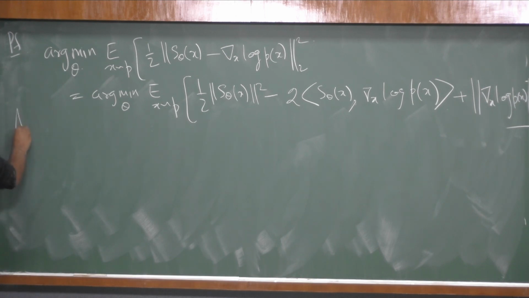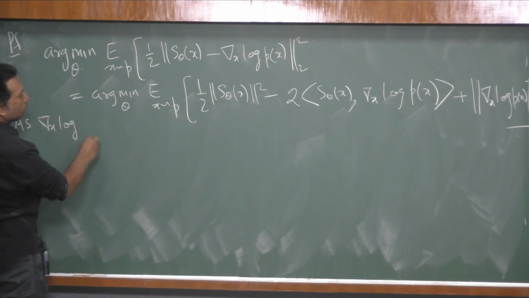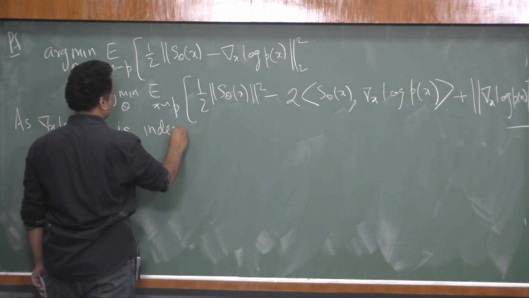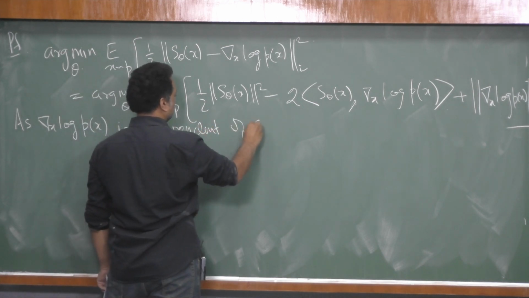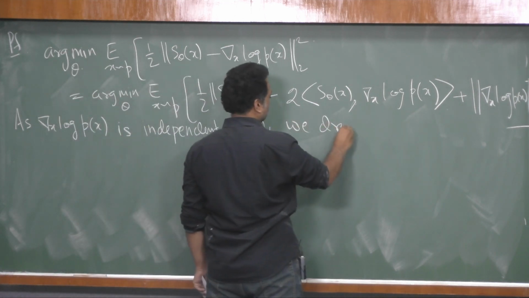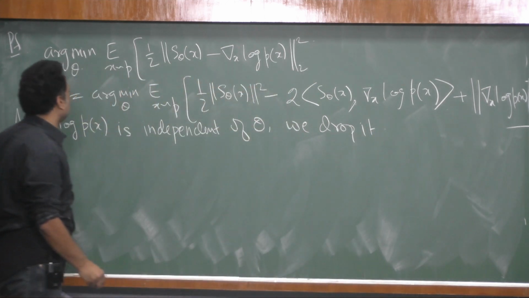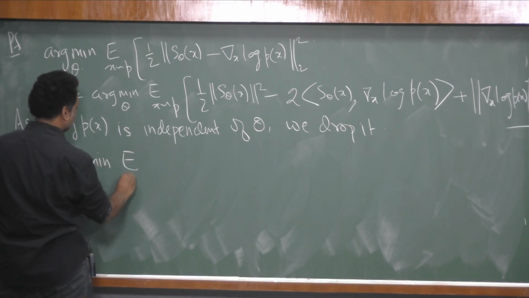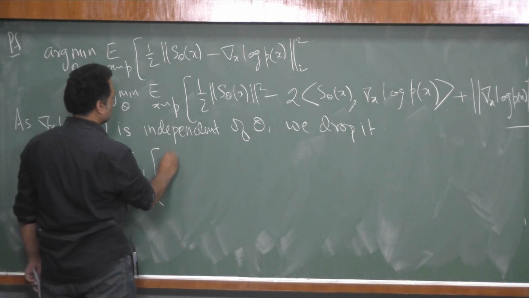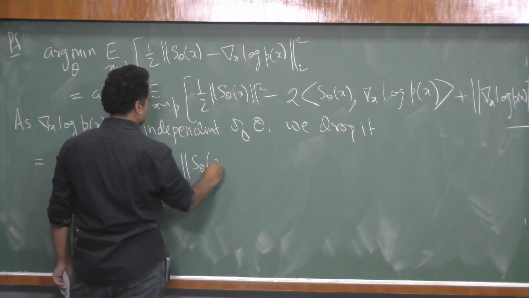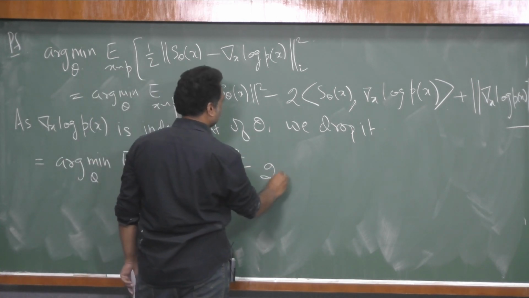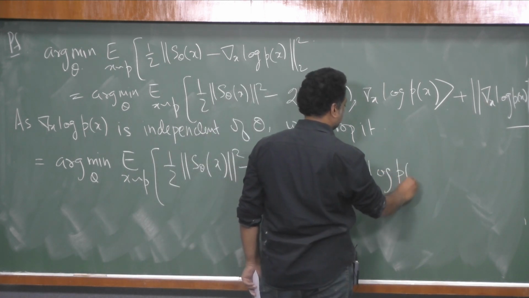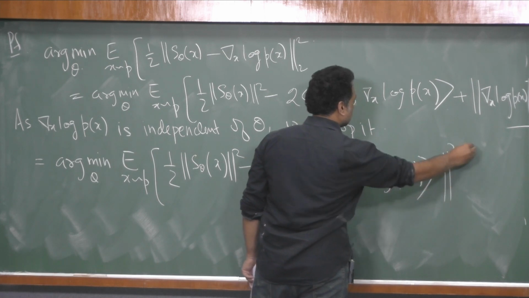So as grad x log px is independent of theta, we drop it. So this becomes argmin theta, expectation over x of half s theta x squared norm minus s theta x grad x log px.